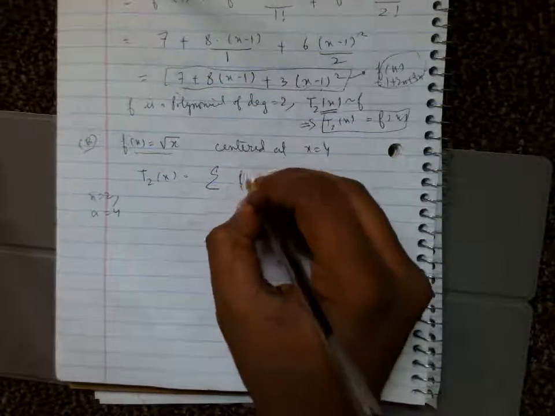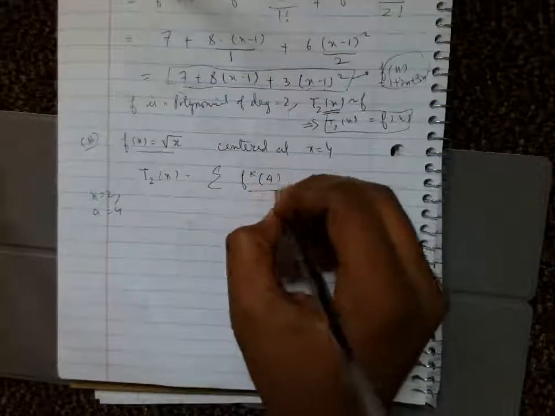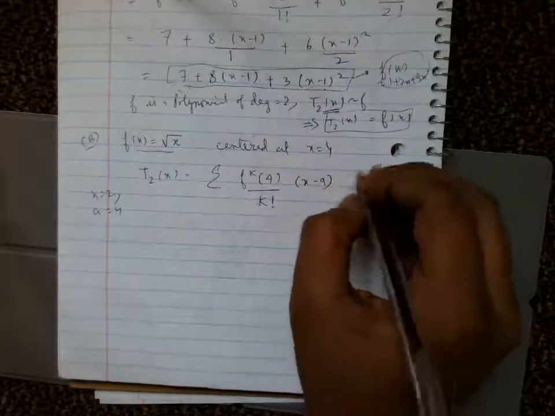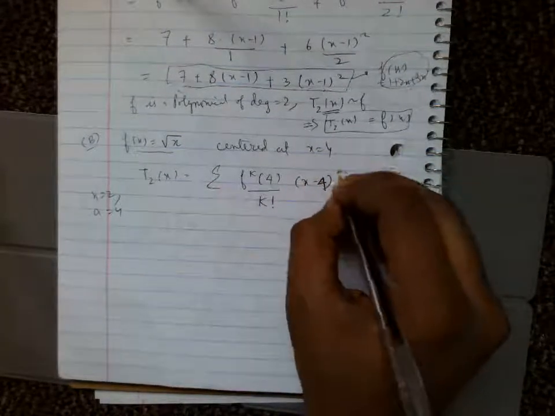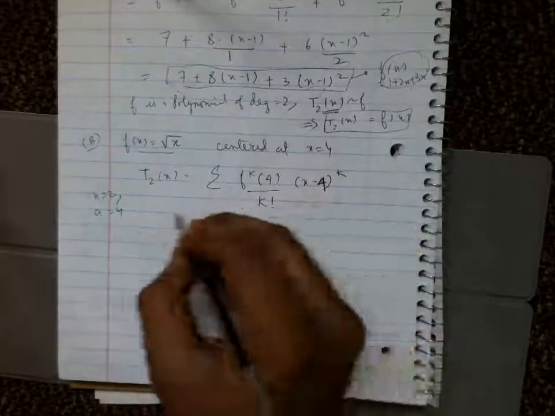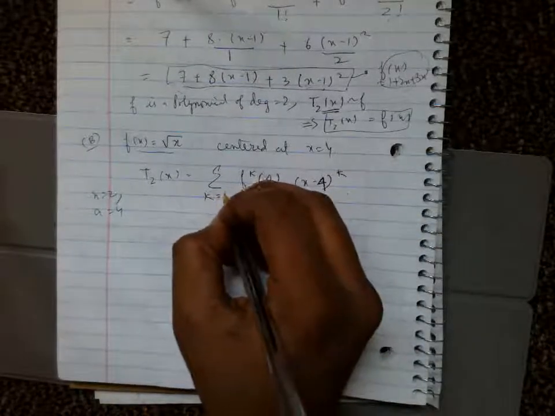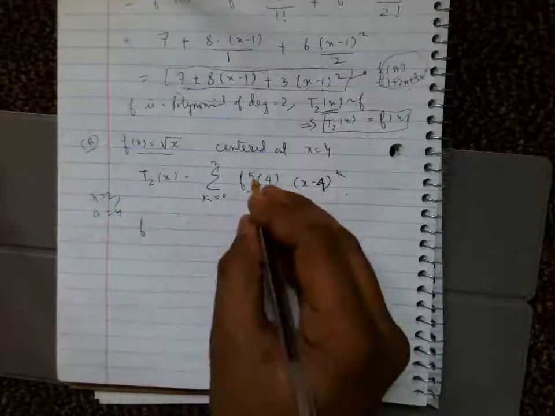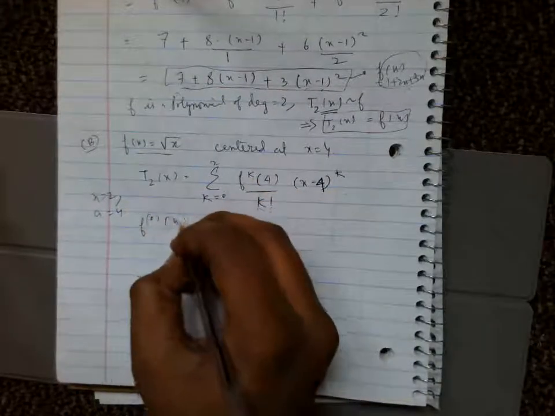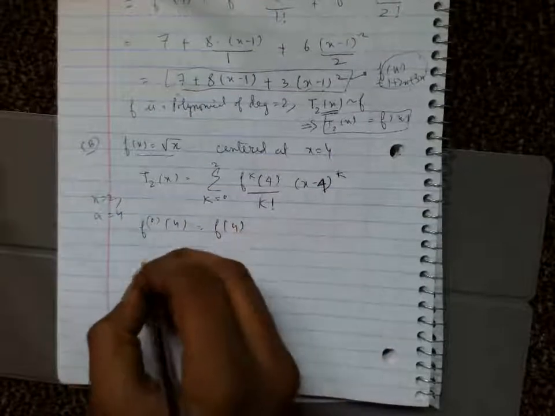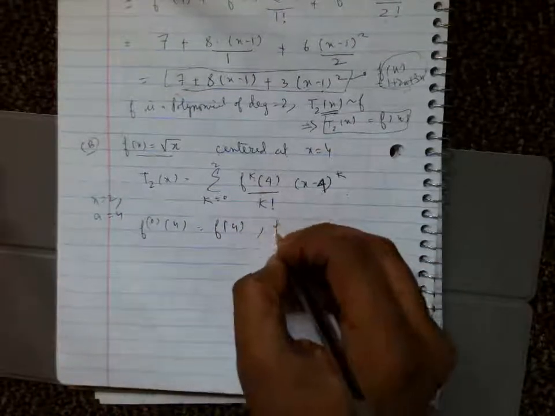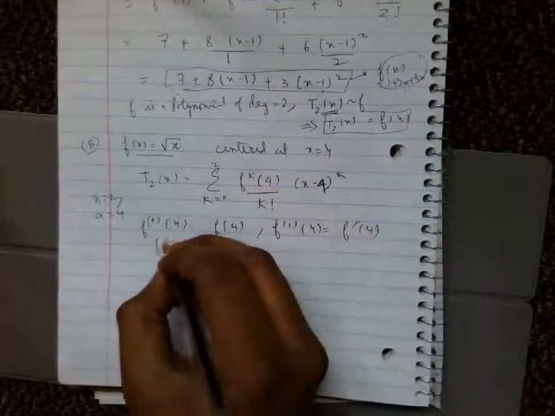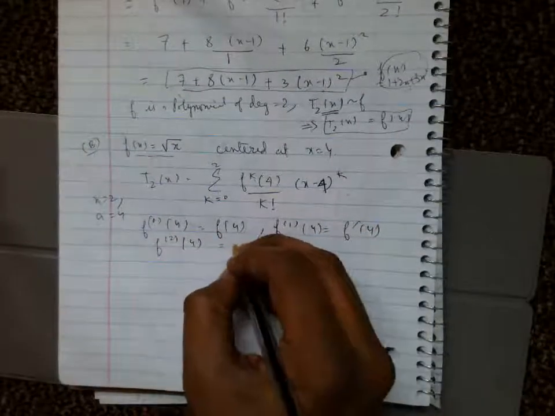So we'll have f^(k) of 4 divided by k factorial times (x minus 4) to the power k, because I've substituted a equal to 4 here, and k running from 0 to 2. So we'll have to find f0 of 4, which is just f of 4. We'll have to find f1 of 4, which is f prime of 4, and f2 of 4, which is f double prime of 4.